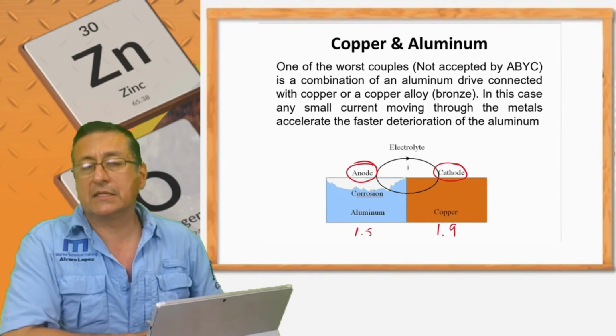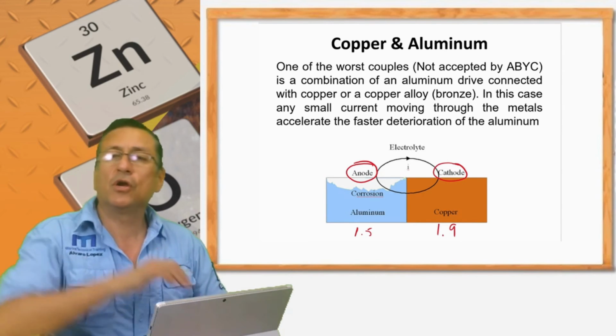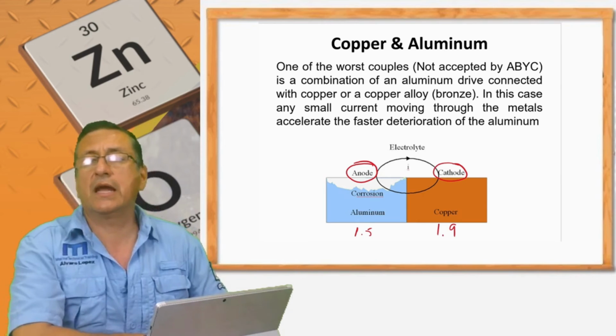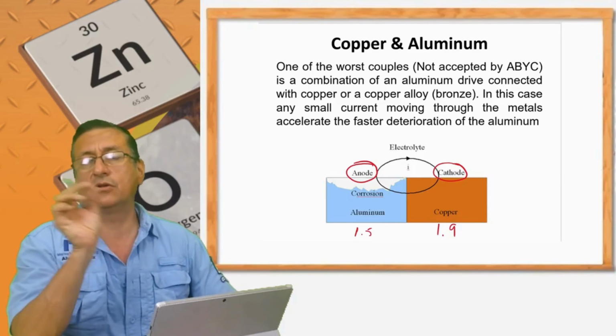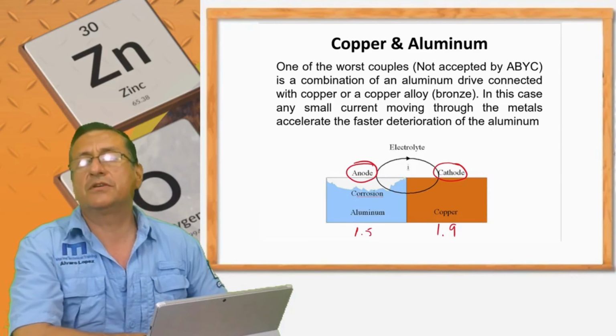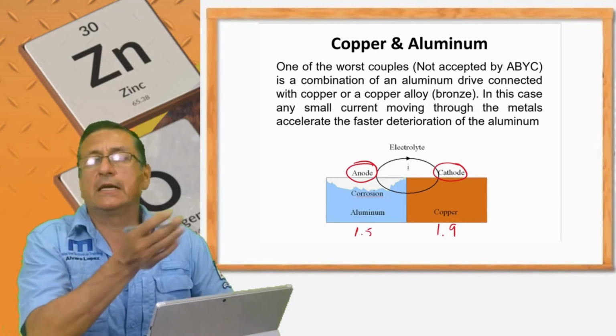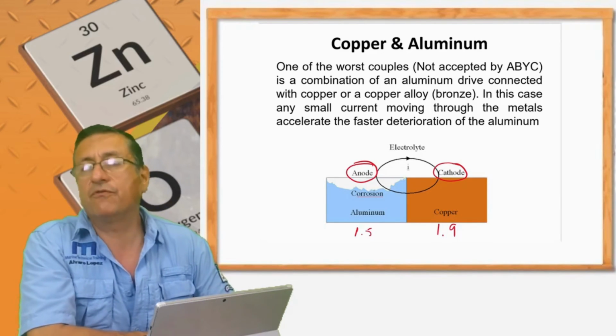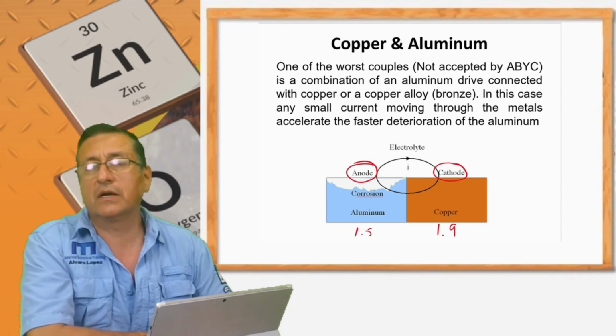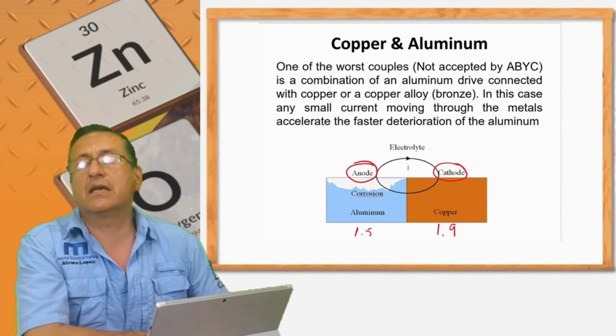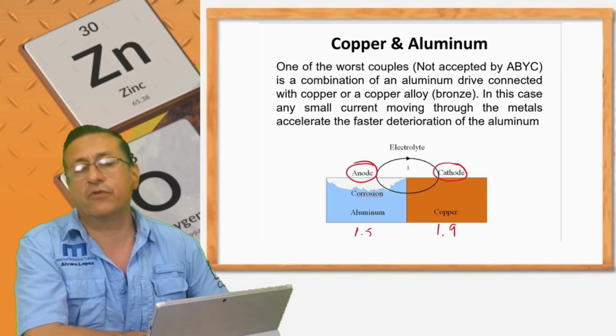The copper attacked the aluminum, like I explained before, corroding the area around the contact surface, and the aluminum is eroded and suddenly is perforated, and you have a leak of the fuel or leak of water, depending on the tank, if the tank is for fresh water or for fuel.